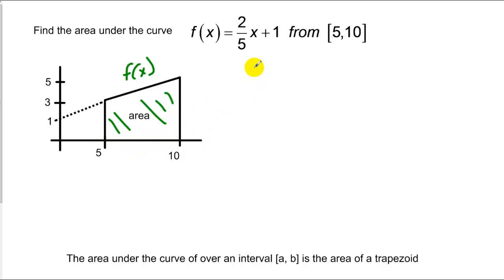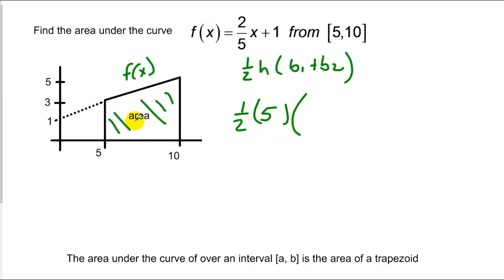So we know the area of a trapezoid is 1/2 the height times the sum of the bases. And in this case, the height is defined as the perpendicular, or 5. And the length of the bases can be described by the value of the curve at 5 and the value of the curve at 10.